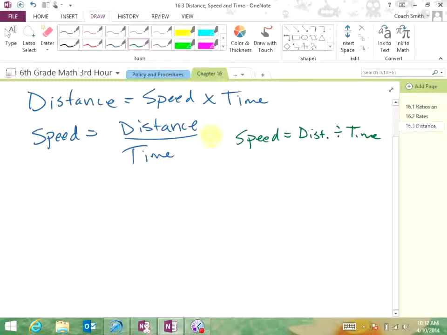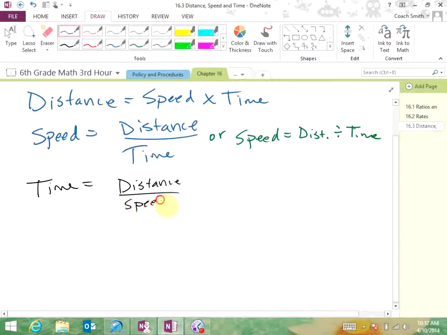That's the other way that you can look at it, because that's what distance over time means. It means to divide. The third formula is if we're trying to find time. Time is equal to distance over speed, or time is equal to distance divided by speed. So those are the 3 formulas that you're going to need to know for this section.